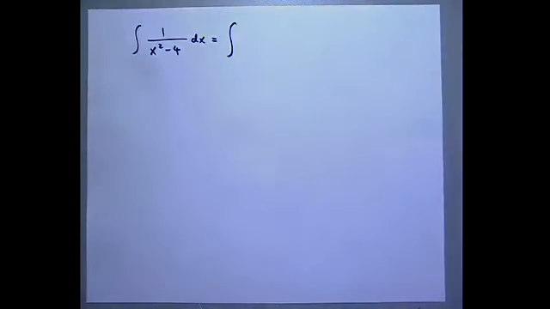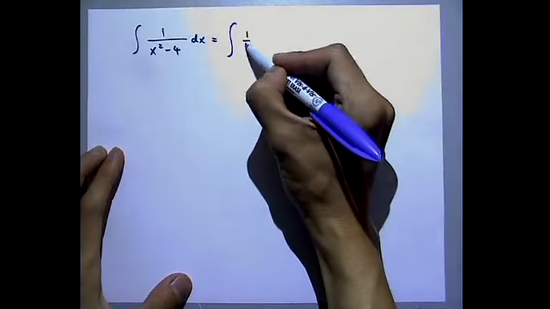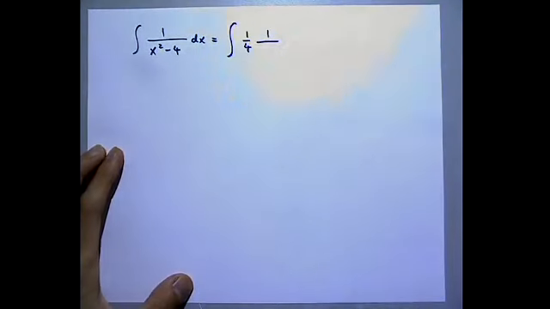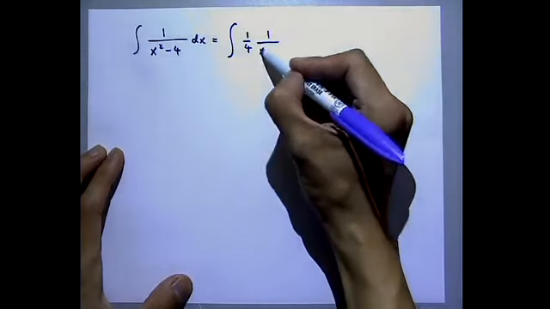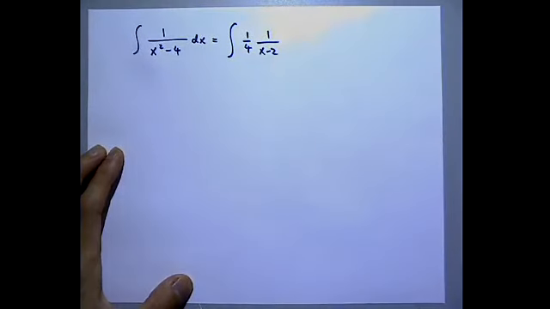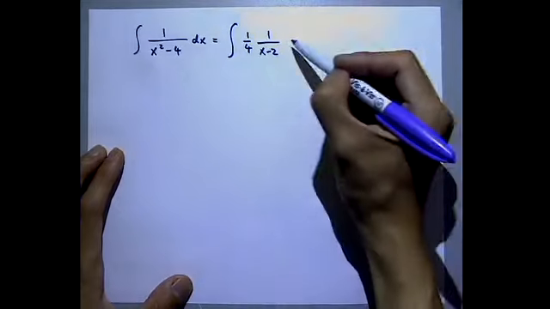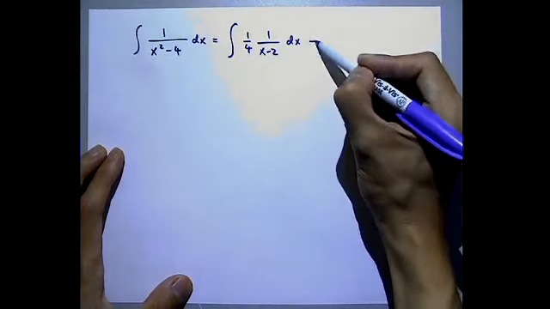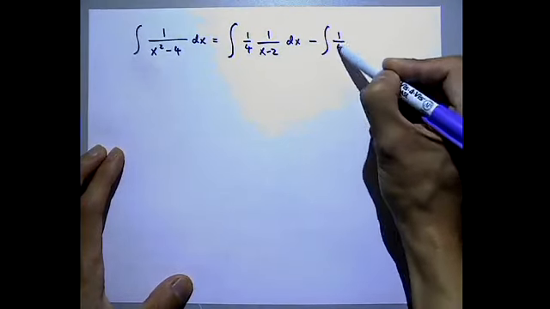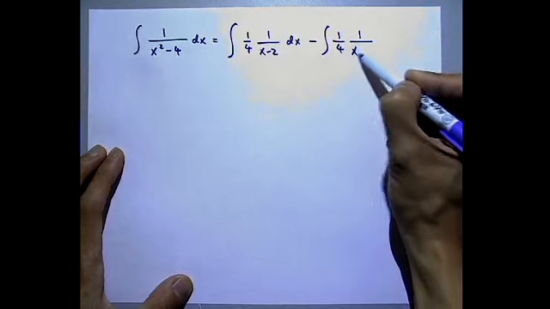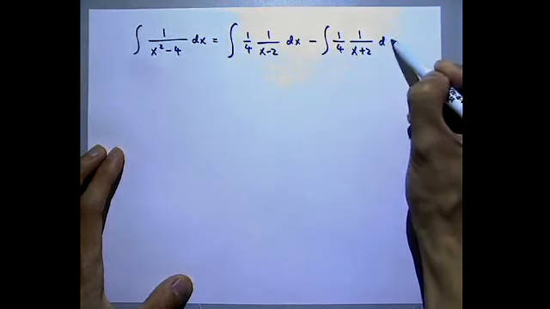So we found out that we could break this down into 1 over 4 times 1 over x minus 2 minus 1 over 4, 1 over x plus 2 dx.